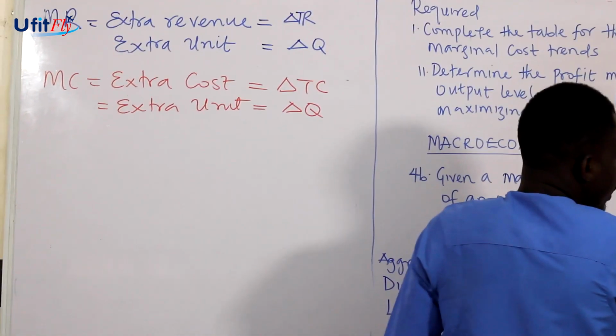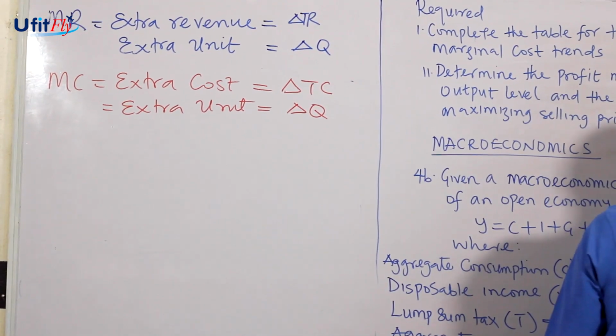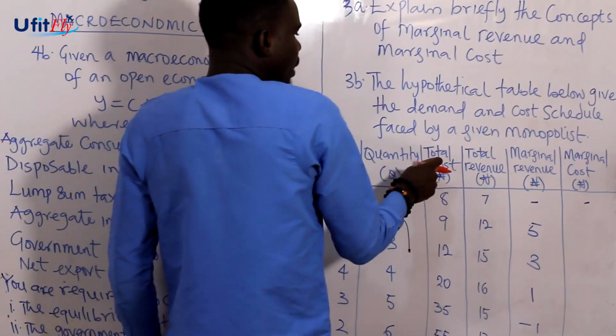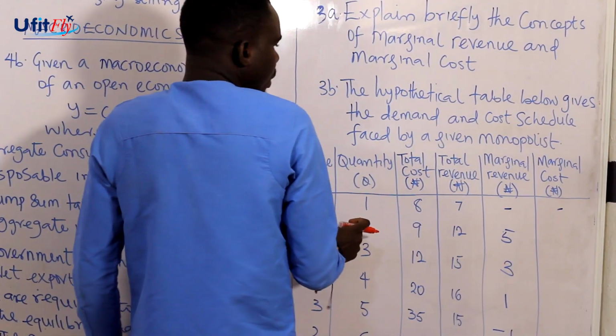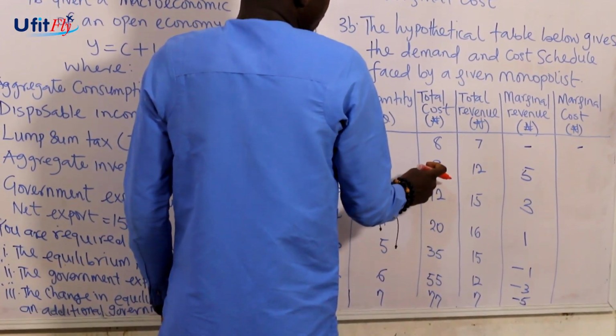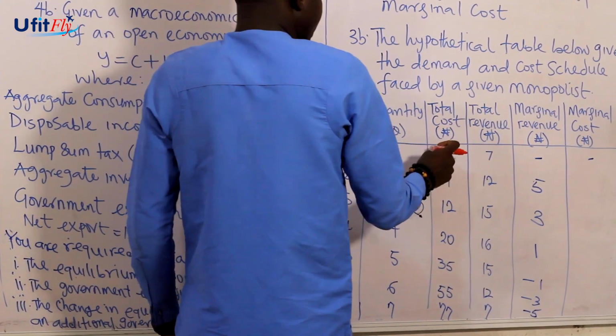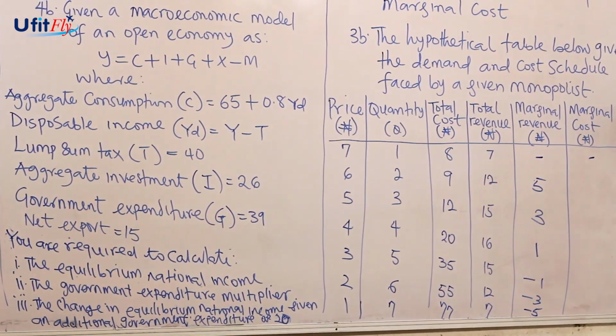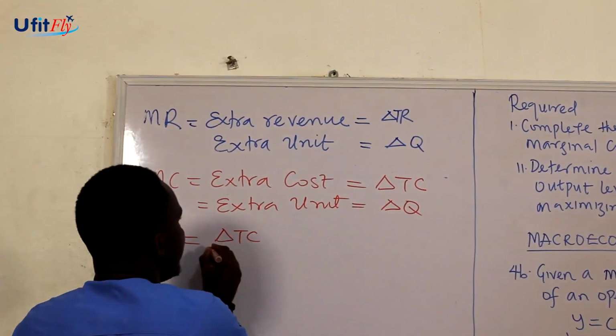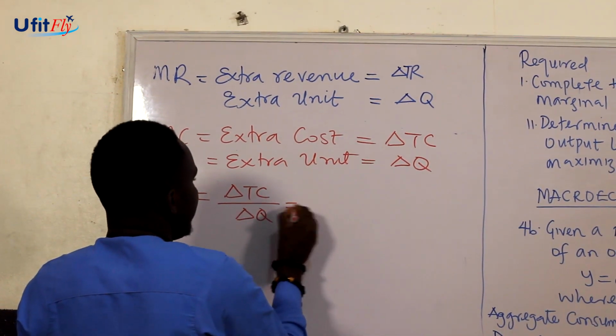At output 1, as said earlier, because we do not have an initial value, it is always dash. At output 2, the total cost is 9, while the initial cost is 8. Therefore, marginal cost at output 2 is change in total cost divide change in quantity.